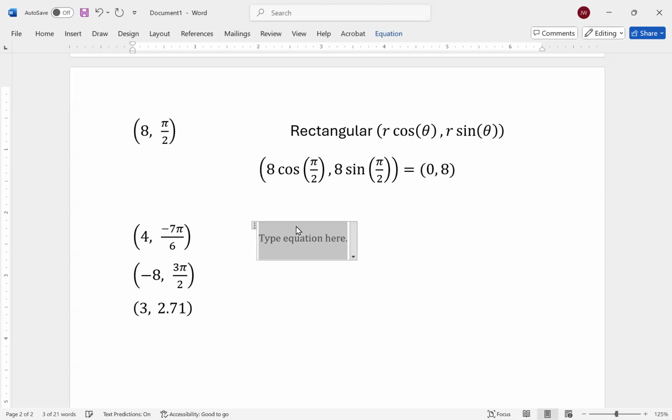So the next point, in rectangular coordinates, we would get 4 times cosine of negative 7 pi over 6. That's going to be our x value. And our y value would be 4 times sine of negative 7 pi over 6.